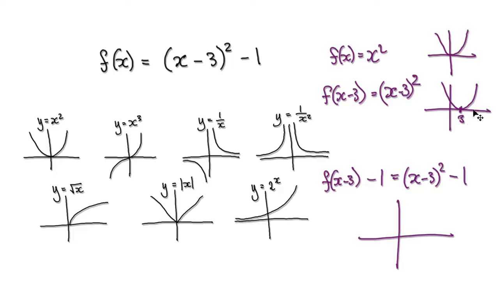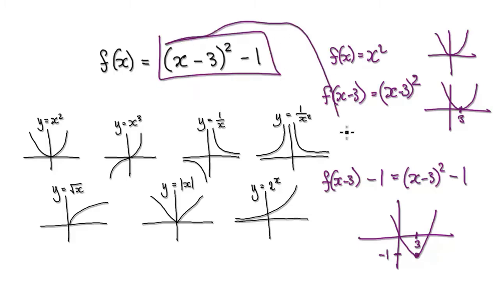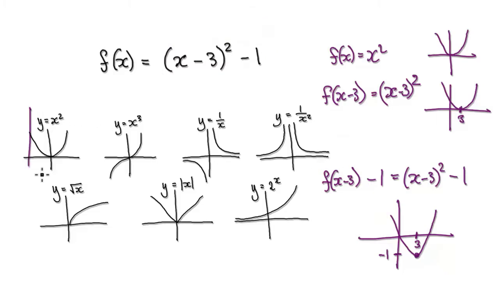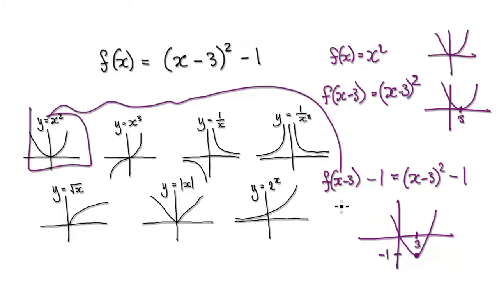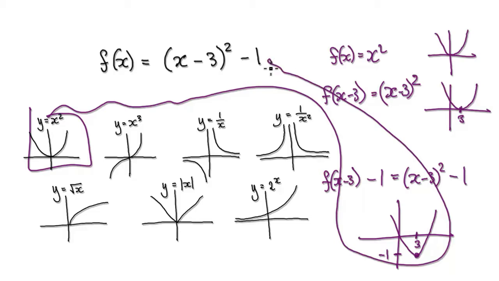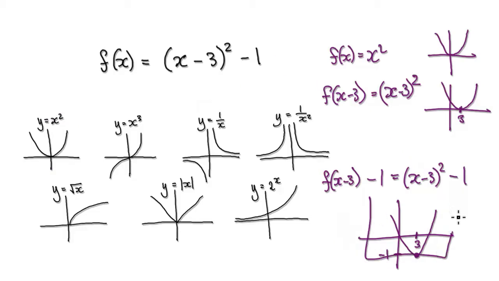So label this as -1. This graph will look like this. So you start out with a function and slowly transform it into this thing here.